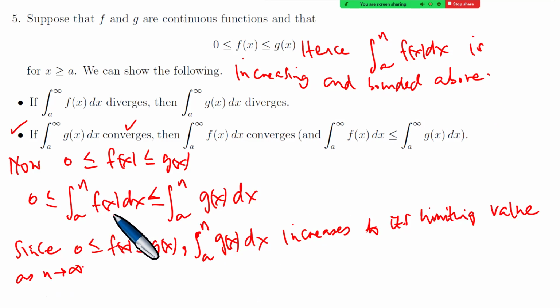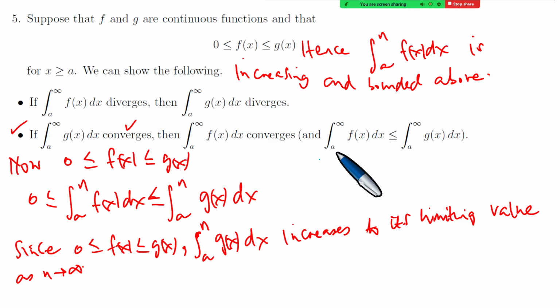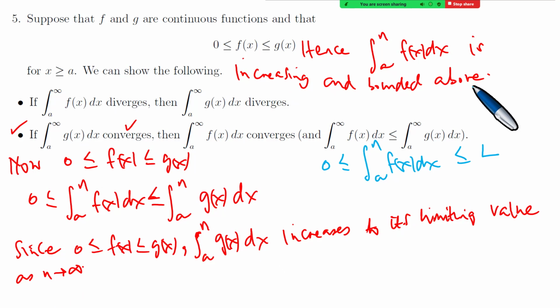Because this g is increasing, but it increases to its limiting value because it converges, this integral has a limit. So you have the integral from a to n of f of x dx, and this one is increasing and is bounded above. This is a bound because of the convergence of the g integral.